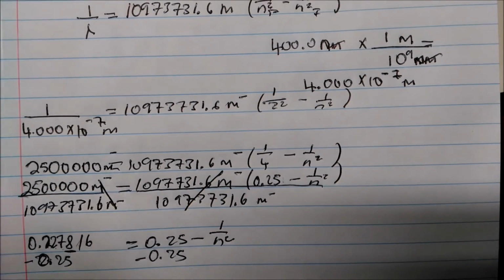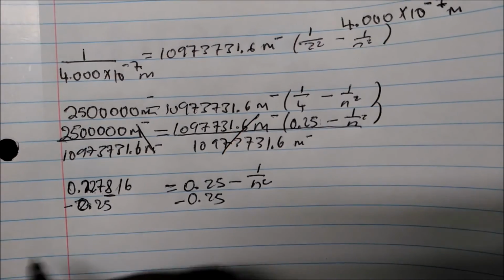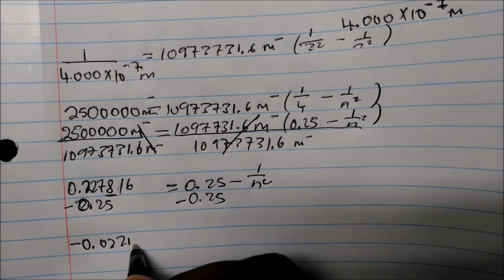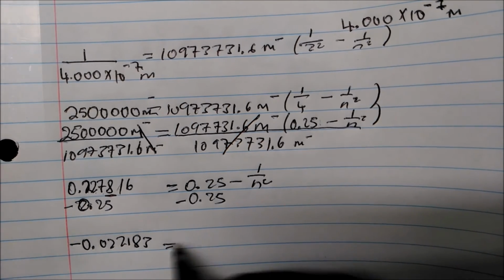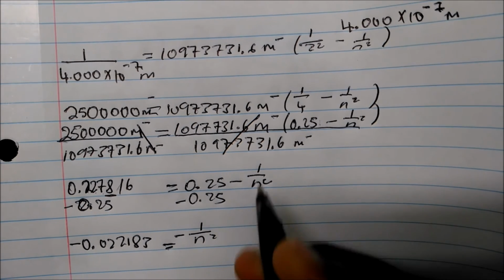That should give us on this side negative 0.022183, which is equal to negative 1 over n squared.